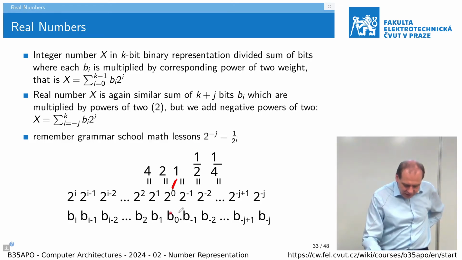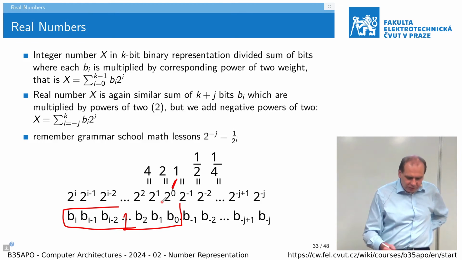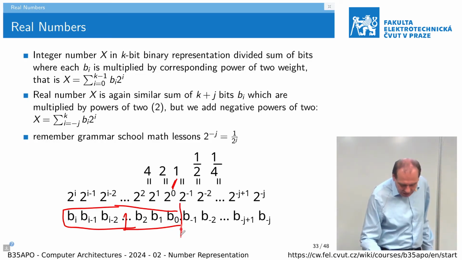So we know this part of the representation, which corresponds to the unsigned value. But we can add some other bits which are behind a binary point and which represent halves, quarters, eighths, and so on.